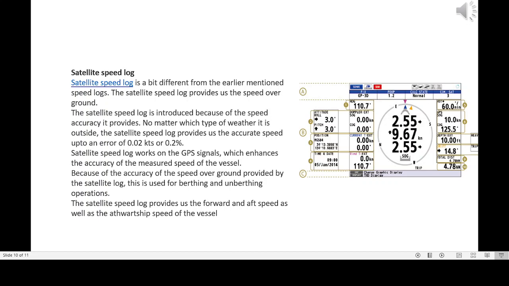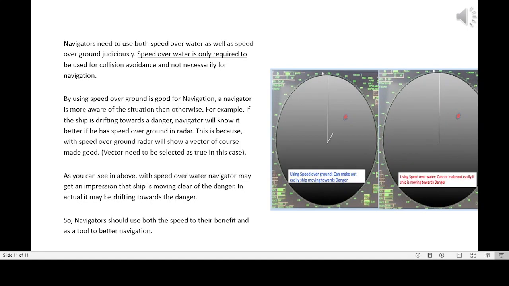Navigators need to use both speed over water as well as speed over ground judiciously. Speed over water is only required to be used for collision avoidance and not necessarily for navigation. Using speed over ground is good for navigation, as a navigator is more aware of the situation. For example, if the ship is drifting towards a danger, the navigator will know it better if he has speed over ground in radar.